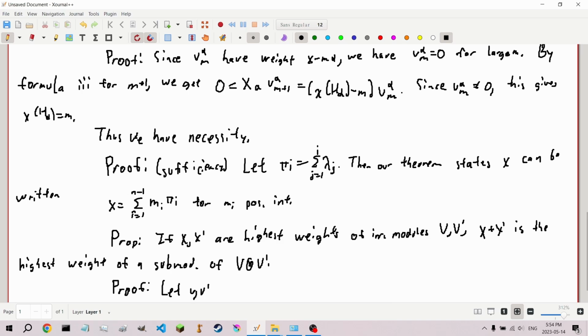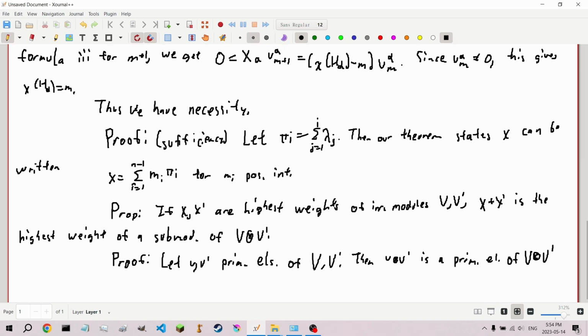Let v and v prime be primitive elements of V and V prime. Then v tensor v prime is a primitive element of V tensor V prime with weight chi plus chi prime.